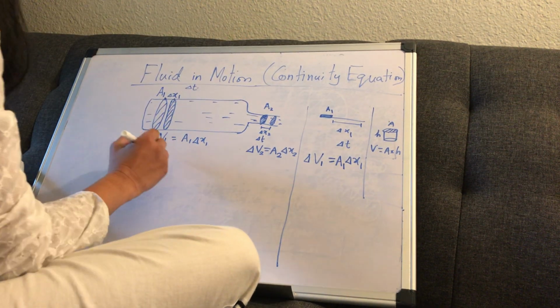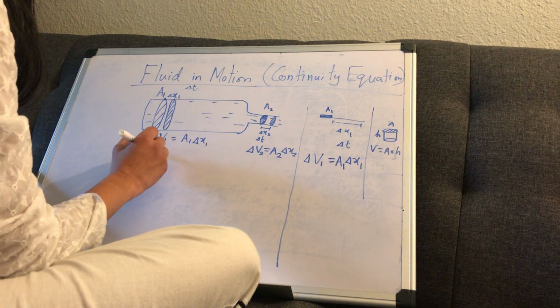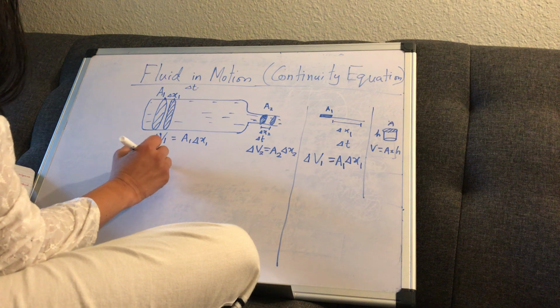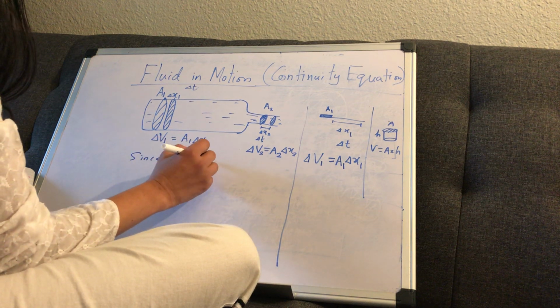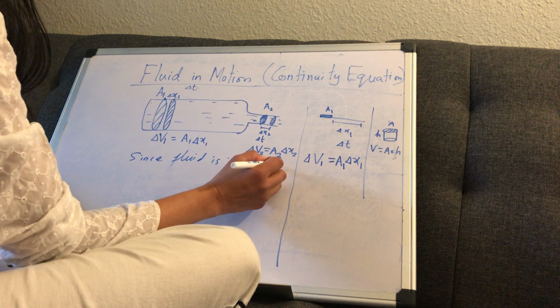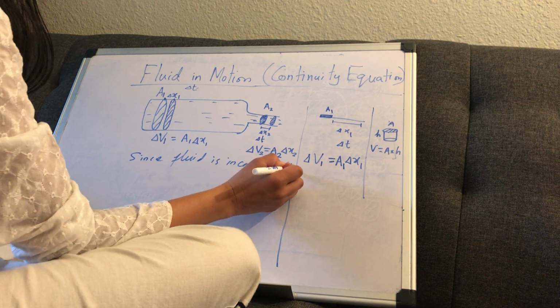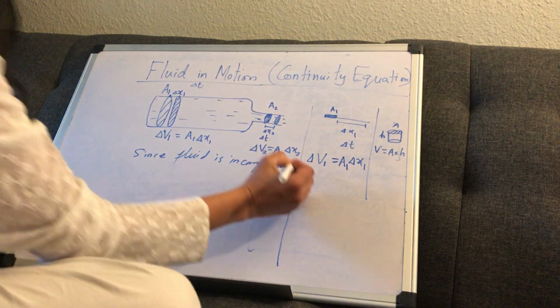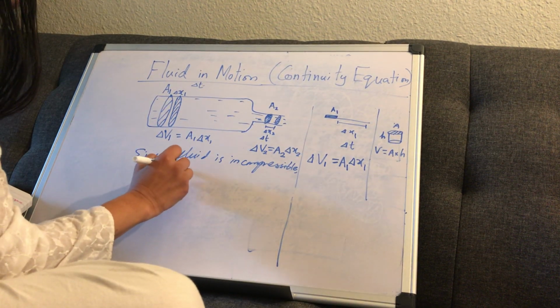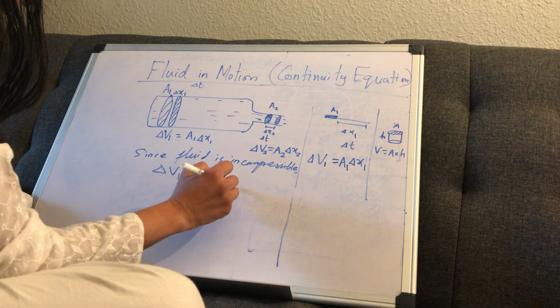Now since the fluid is incompressible, we can write delta V1 must be equal to delta V2.